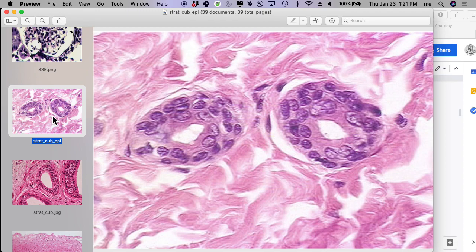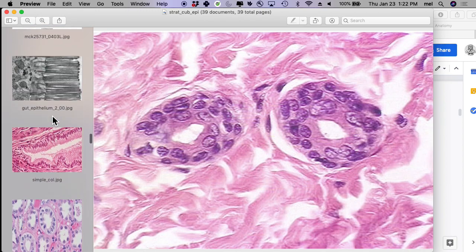So I could, for instance, use this and point to here. On a histology quiz, which you'll have one posted on Friday right after the other quiz closes, I have to point to which tissue I'm talking about because, of course, there's more tissues on the slide. Everybody good? Okay, so those two are stratified cuboidal epithelium.